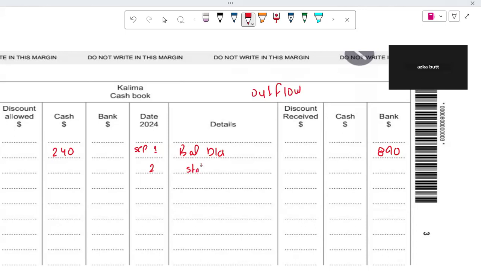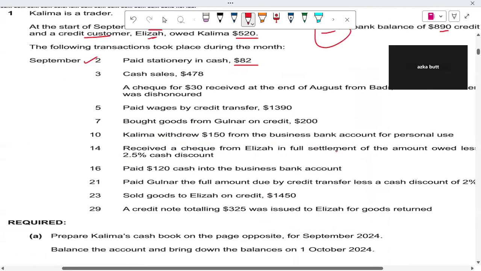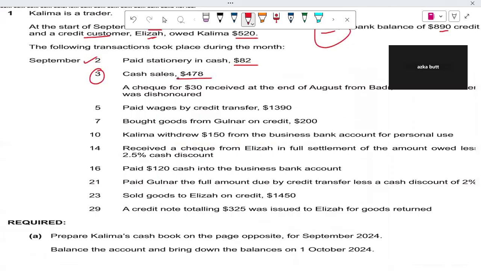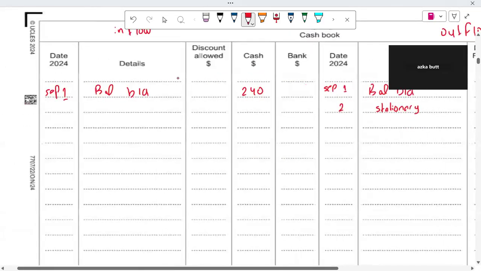Stationery paid in cash, that's why we recorded it in the cash column. And on 3rd September, we made cash sales equal to $478. So this is an inflow, and that's why we will record it on the debit side.